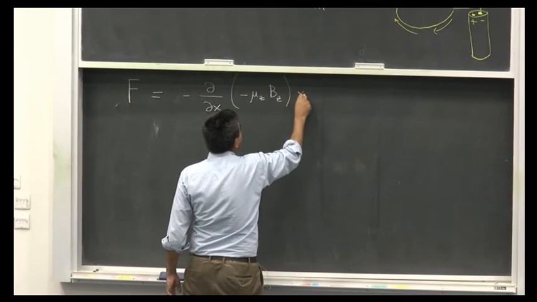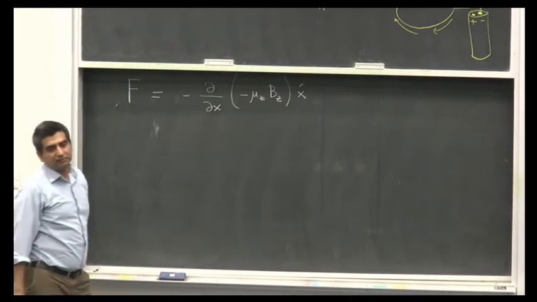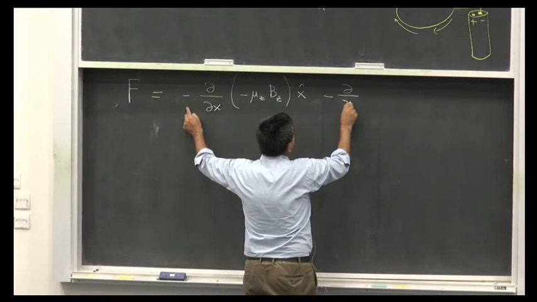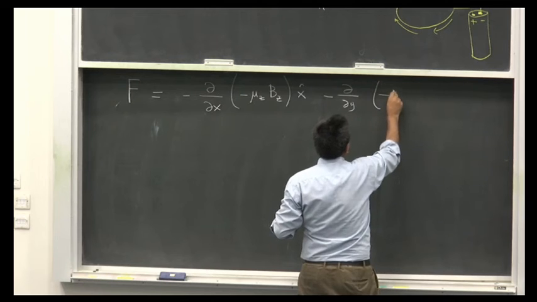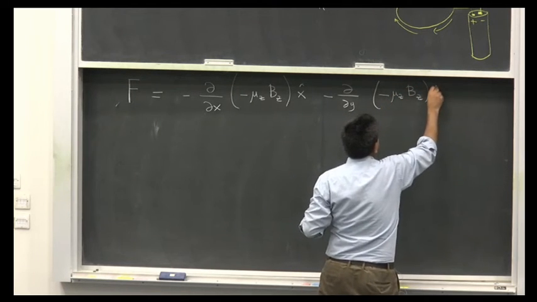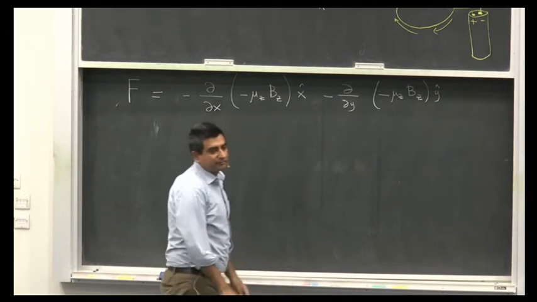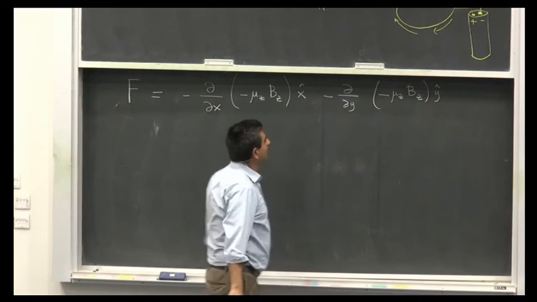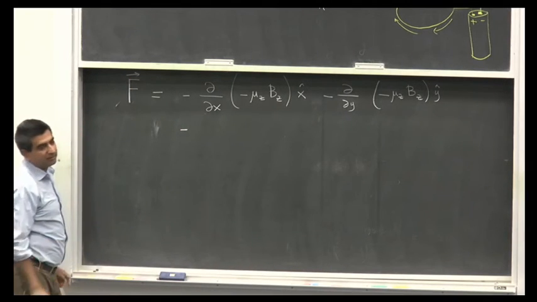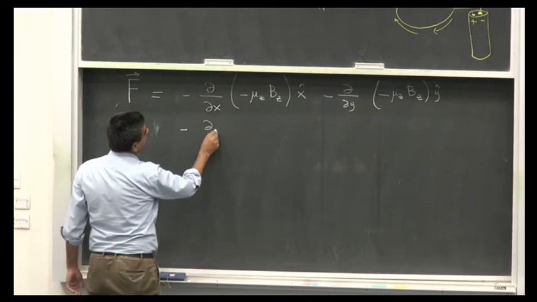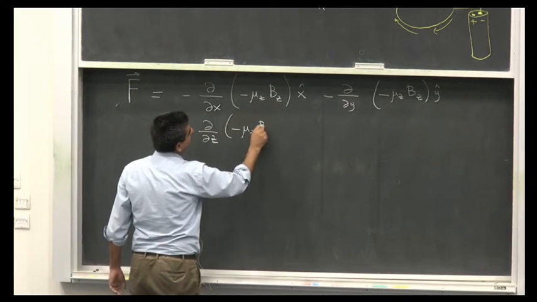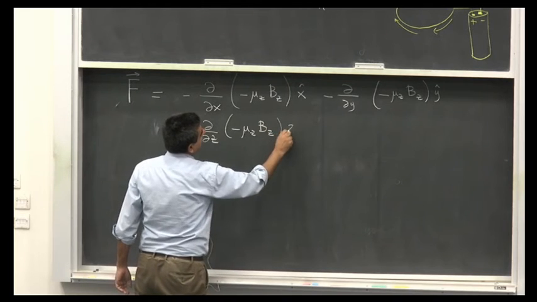This will give me the x component of the force, minus the derivative with respect to the y direction, minus mu z bz. I'm just putting in the energy here. Minus, now this is a force, it's a vector. Minus the derivative with respect to z of minus mu z bz acting in the z direction.